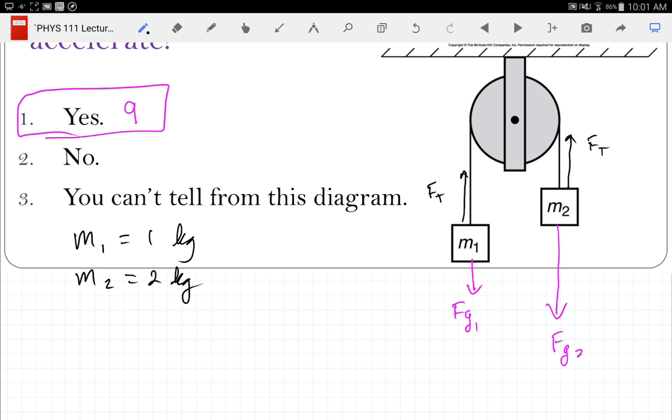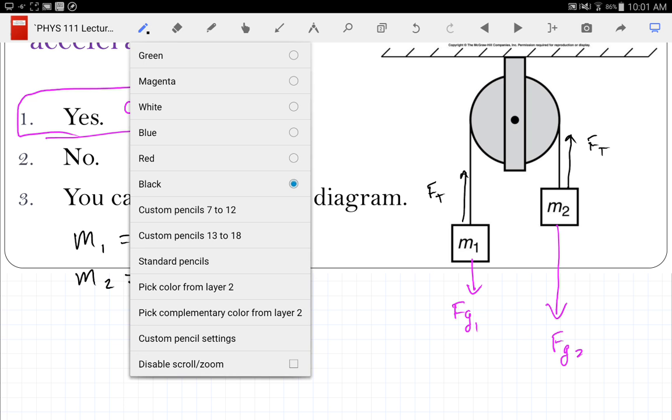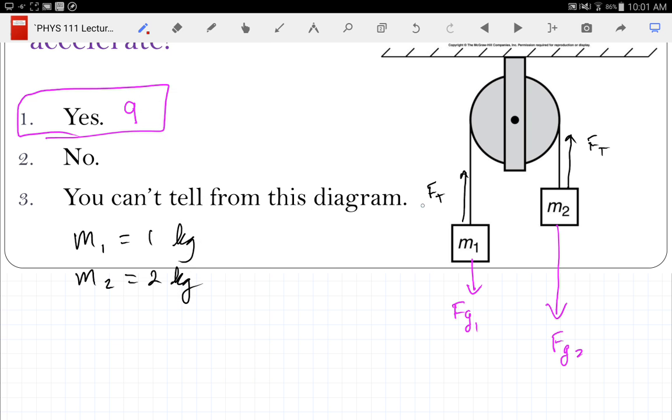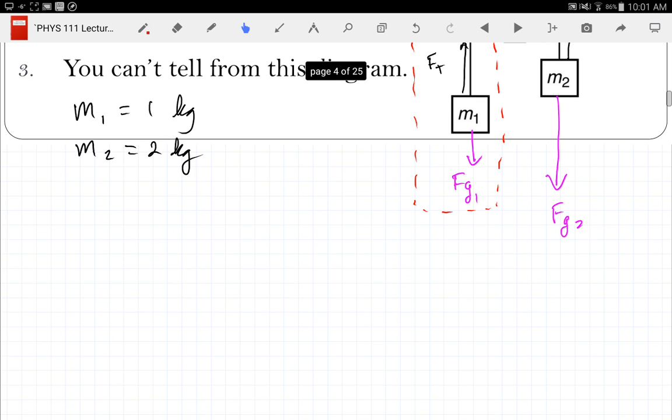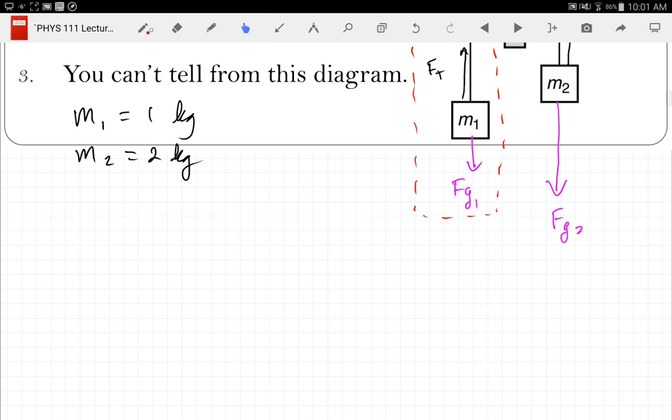The work to get there is going to be applying Newton's second law to each one of these. So first I'll apply Newton's second law to this one. The sum of the forces on object 1 is equal to mass of object 1 times acceleration of object 1.